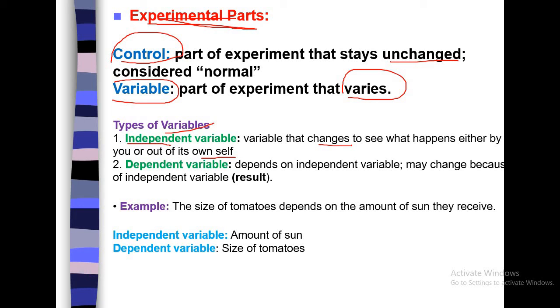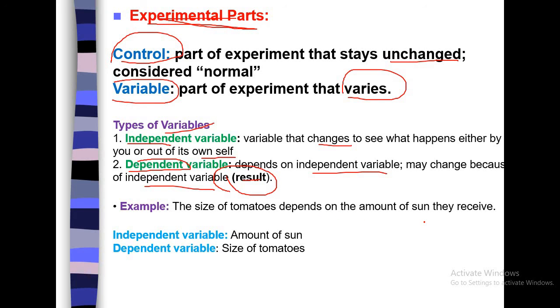Independent variable is the variable that changes, while dependent variable depends on independent variable. It is also called results, and may change because of the independent variable. For example, the size of tomatoes depends on the amount of sun they receive.